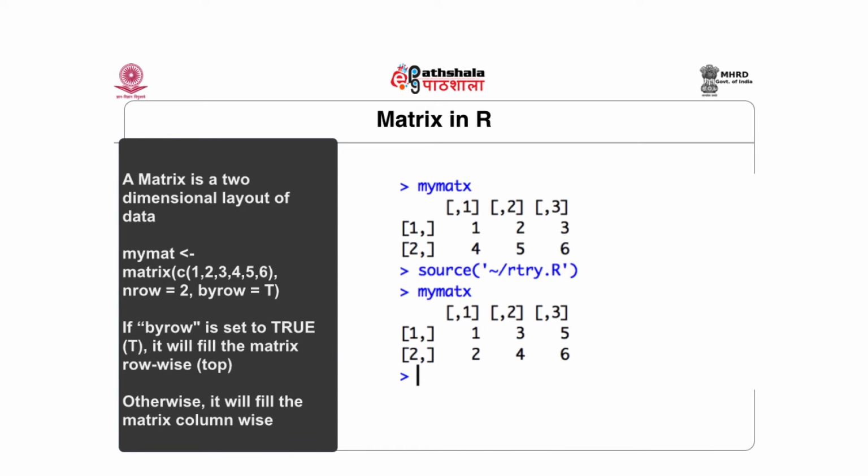The way you do that is you put together a string of numbers by the function called c, which is known as the concatenation function, so you concatenate a string of numbers into one, and then you specify another function called matrix. So you can actually embed functions within another function. Then you specify how many rows you want.